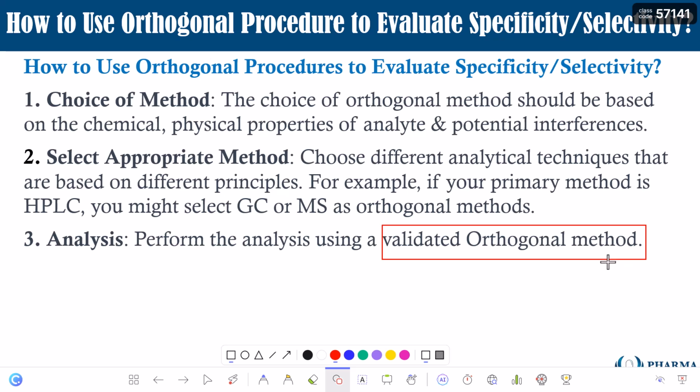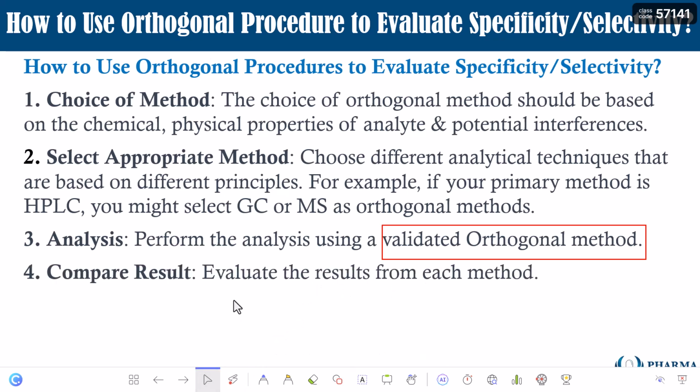Otherwise, how are you going to confirm or consider the result generated by the so-called orthogonal method? Without validation, you cannot confirm the suitability of the orthogonal method's result. So that method must be validated first.